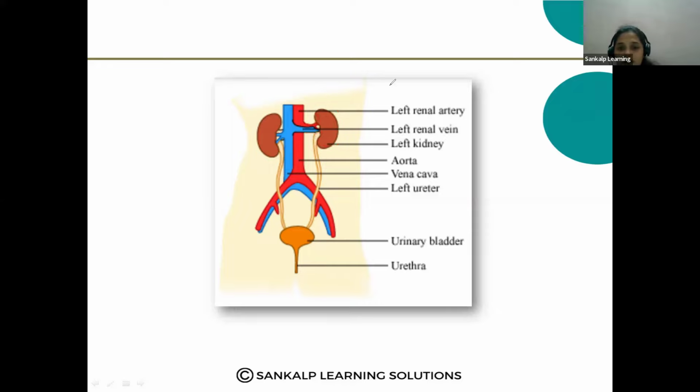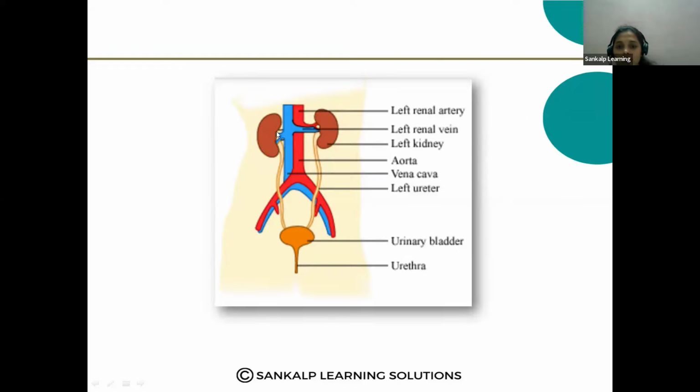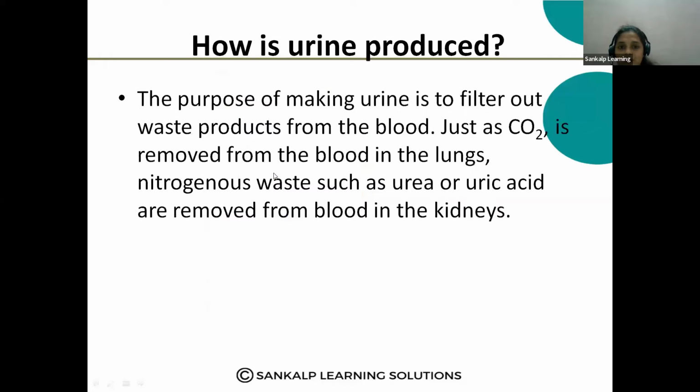The urine produced in the kidneys passes through the ureter into the urinary bladder, and it is released by the urethra. That also we observed in this picture. So urine is produced in the kidney and removed by the urethra, that already we know. But how is the urine produced?